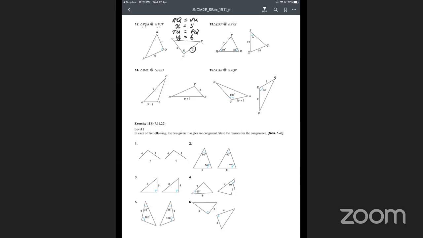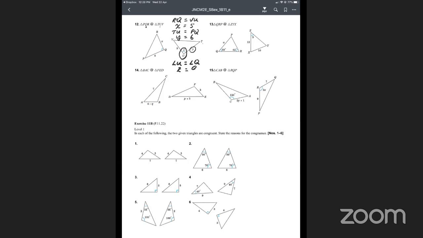Okay. And then we look at this part. Okay, we want to find C. Okay, C is angle U. Angle U equals angle Q. Okay, and therefore this C equals angle Q, which is a right angle.